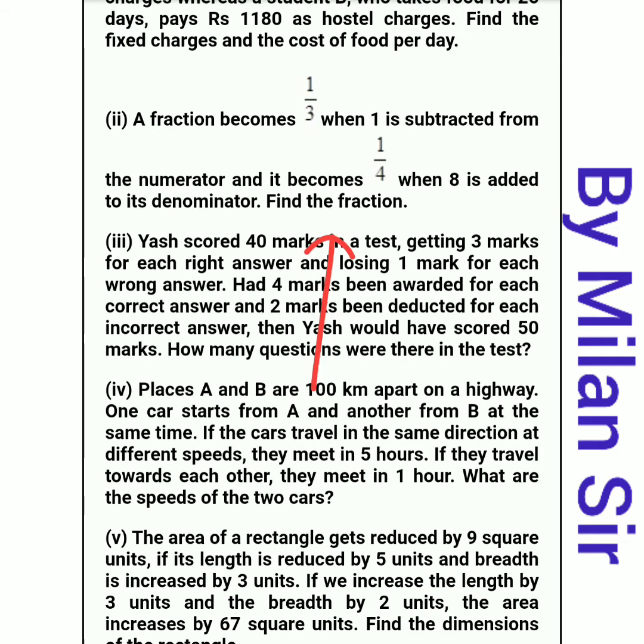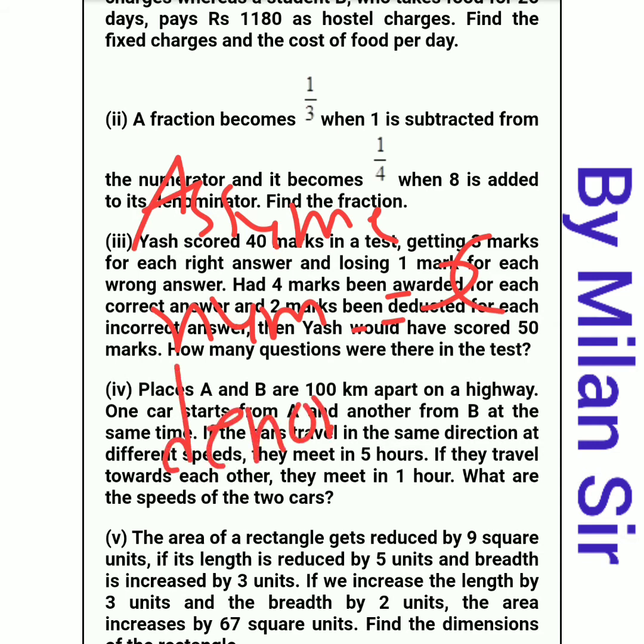In this question, a fraction is there. So in a fraction, two things are there: numerator and denominator, right? So we need to assume our two variables. So assume the numerator of the fraction is equal to x and the denominator of the fraction is equal to y.